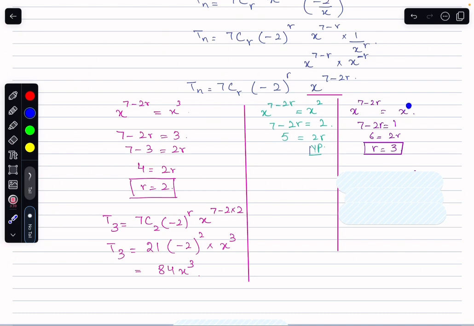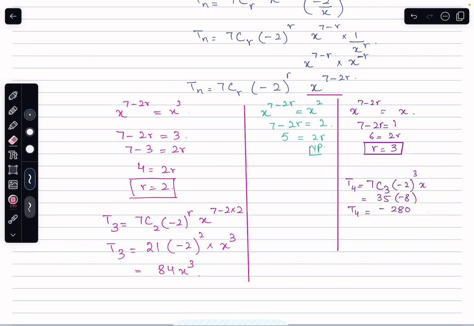This x meaning it should have the power as 1. 7 minus 2r is equal to 1, or I can say it's 7 minus 1, giving me a 6, which equals 2r, or r here should be 3. So if this r is 3, then I should know that it's the fourth term, so that the restriction is 3.